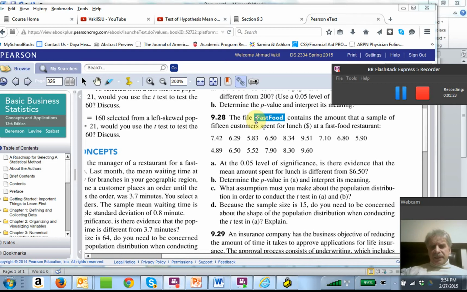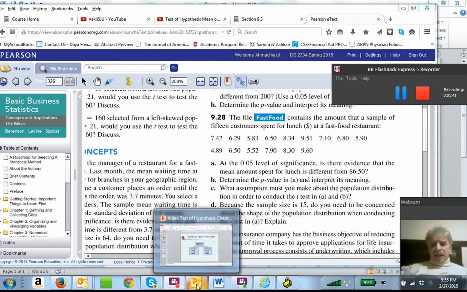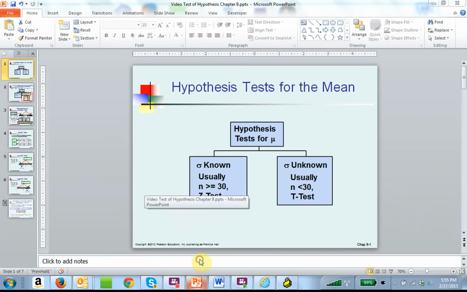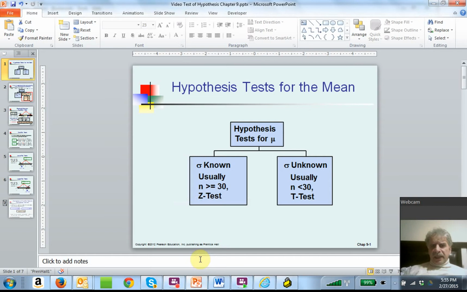So let me concentrate on part A first. First, I have to decide what kind of test to use. I'm reading the problem, and clearly it's dealing with one population mean. Generally speaking, when we're dealing with a test of hypothesis for the mean of one population, there are two tests that could be used.